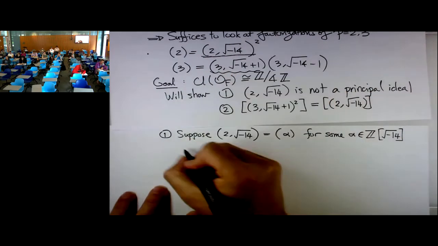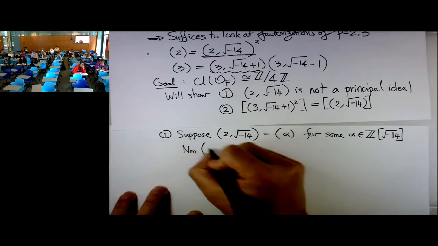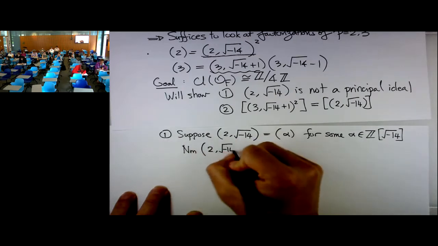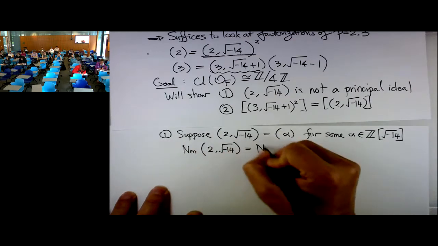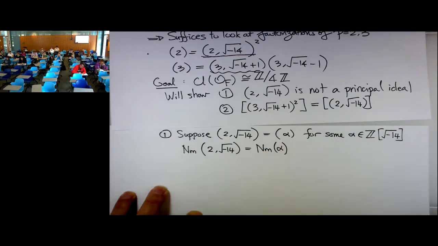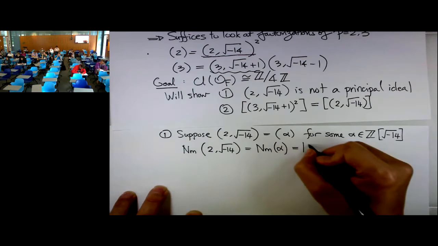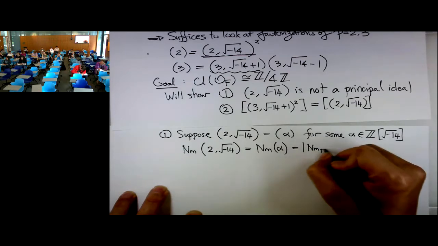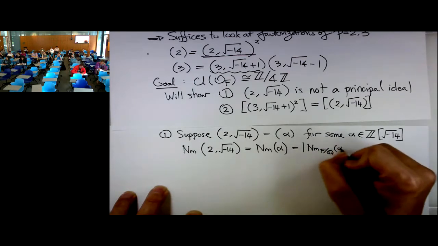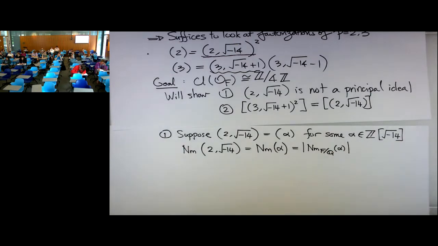You take the norm of the ideal. On this side, you get the norm of the ideal generated by alpha. If it's a principal ideal, that's just the usual norm of an element. Of course, it's better to add absolute value, but in this case the norm is always positive, so you don't have to.